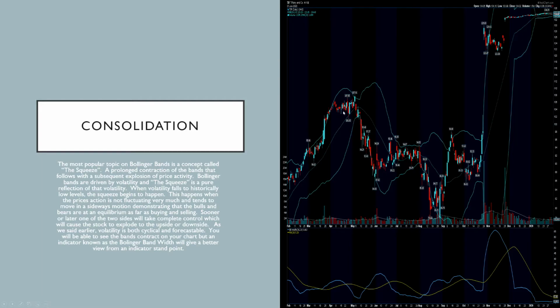As they begin to contract and the bands become tight like that, we recognize that as the squeeze, meaning that price action is now consolidating. That strong upward trend has now begun to move sideways, and it is no longer volatile.